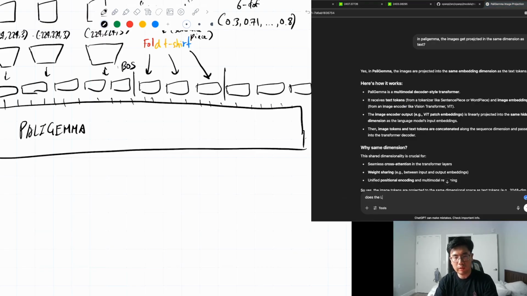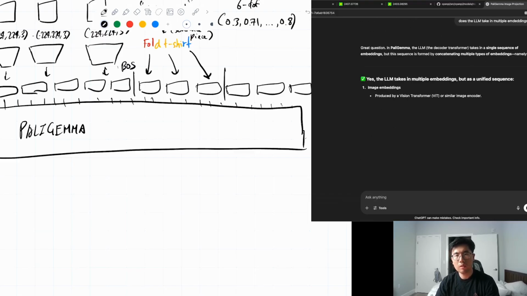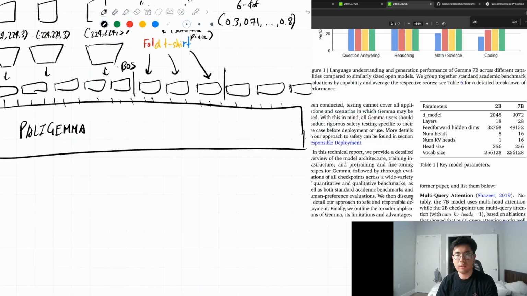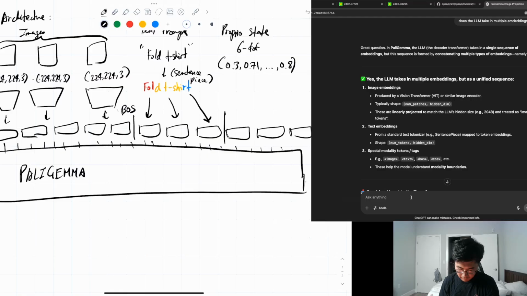Does the LLM take in multiple embeddings? I guess it is over the patches.